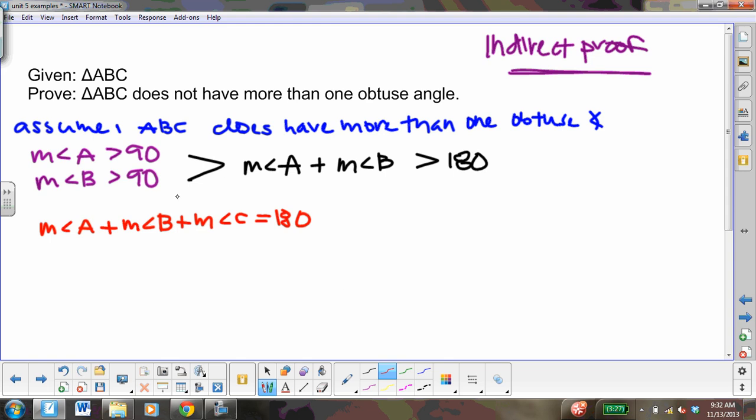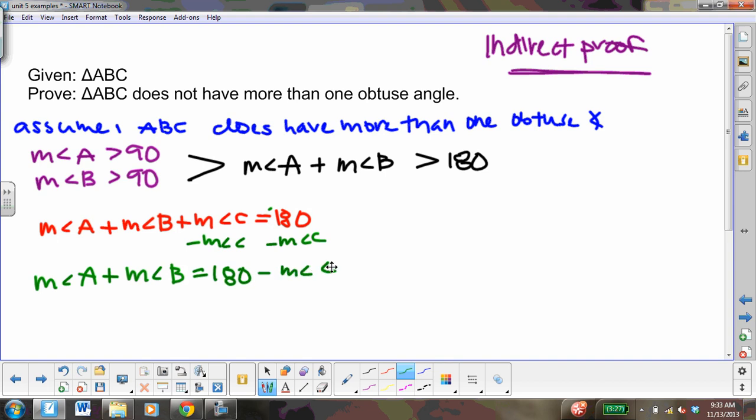Since this inequality that I created up here has A plus B by itself, I'm going to subtract the measure of angle C from both sides. So the measure of angle A plus the measure of angle B has to be equal to 180 degrees minus the measure of angle C.